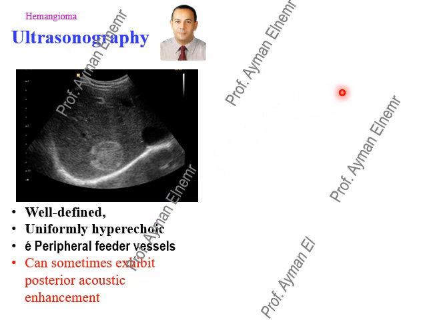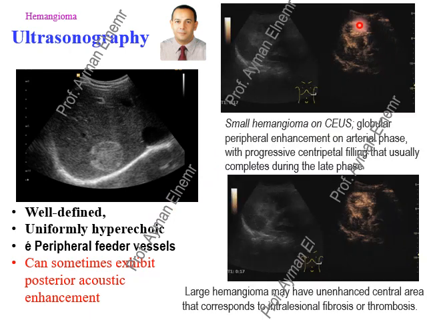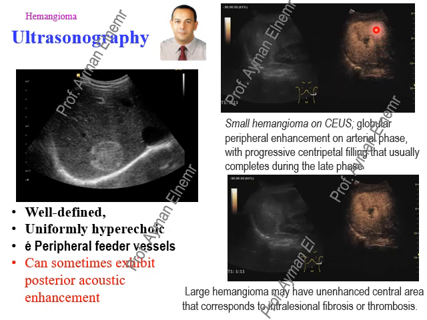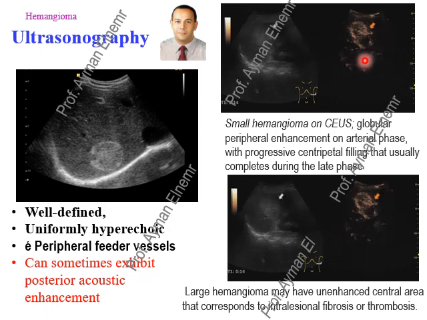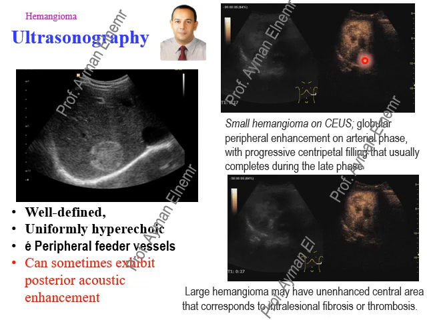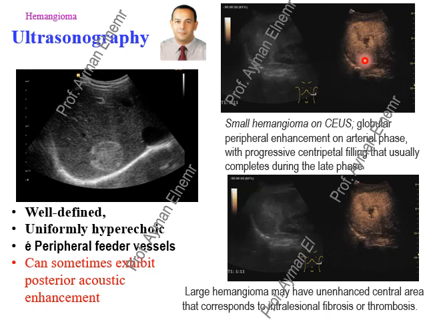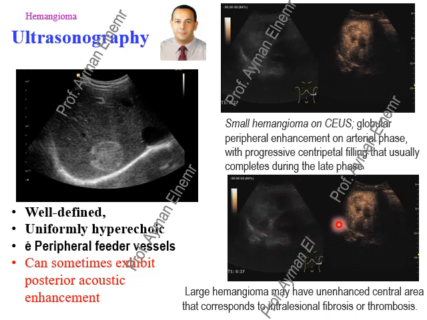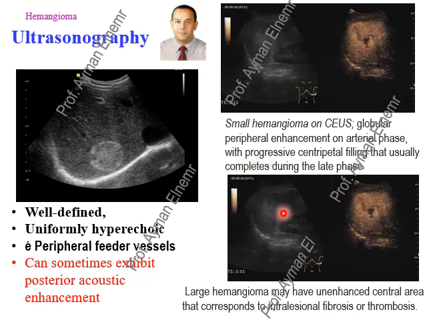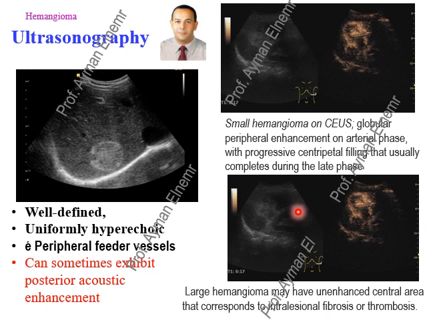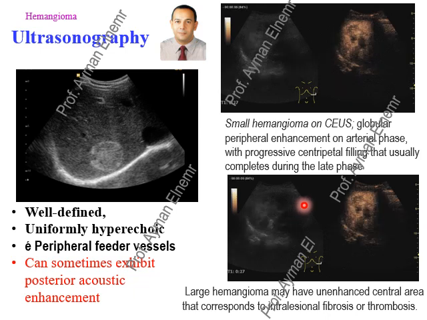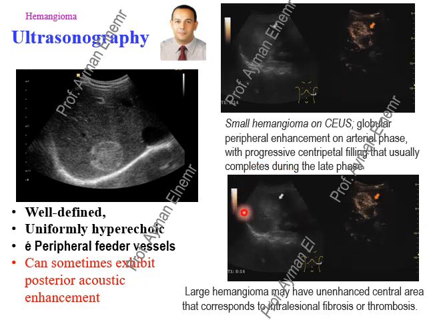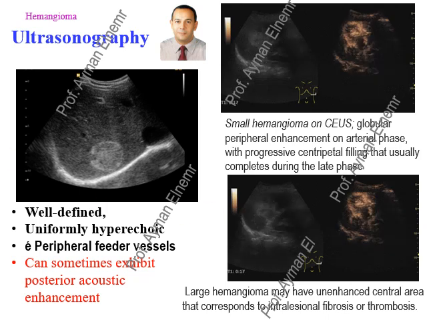In contrast-enhanced ultrasonography, the typical pattern is globular with peripheral enhancement in the arterial phase, with progressive centripetal filling that usually completes during the late phase. In larger hemangiomas, the unenhanced central area corresponds to intralesional fibrosis or thrombosis.